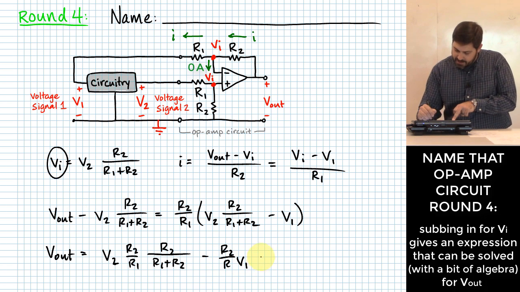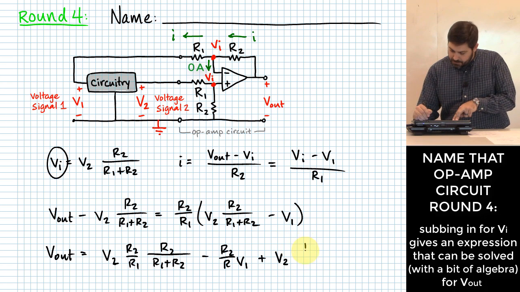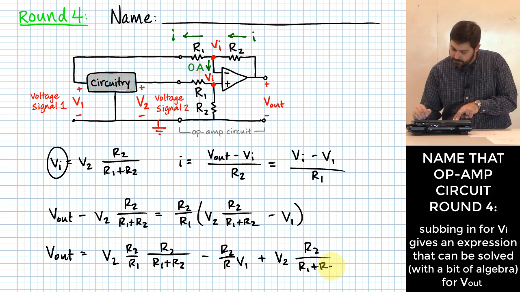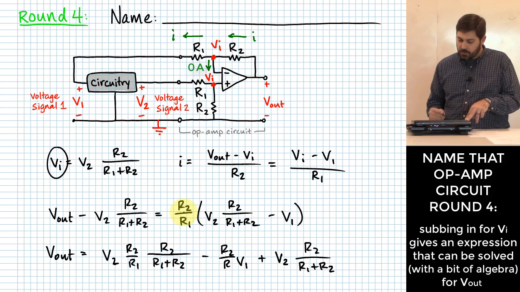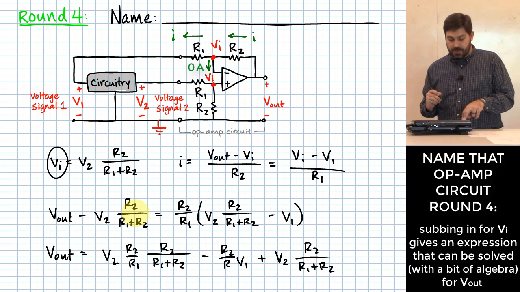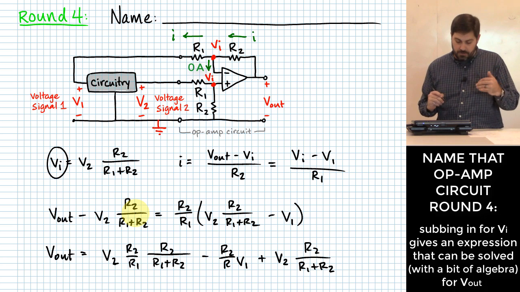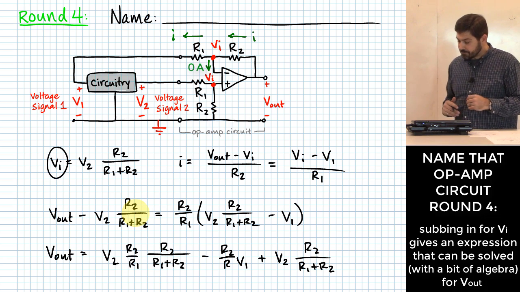Then I add to this V2 times R2 over R1 plus R2. So I multiplied through the parentheses by R2 over R1, and then added to both sides V2 times R2 over R1 plus R2.